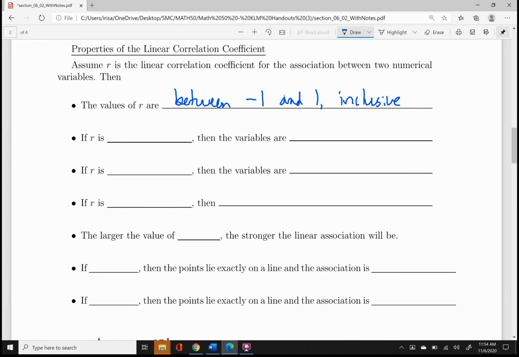If R is positive, then the variables are positively associated. If R is negative, you can probably guess what I'm going to write in the next blank, then the variables are negatively associated.